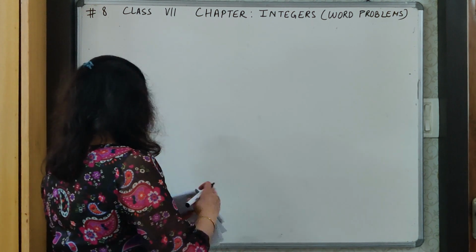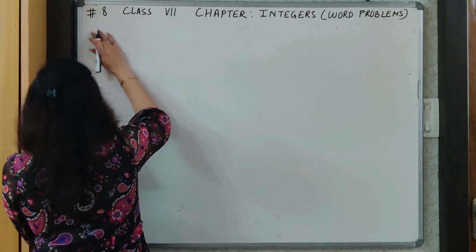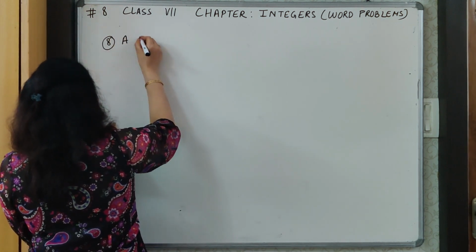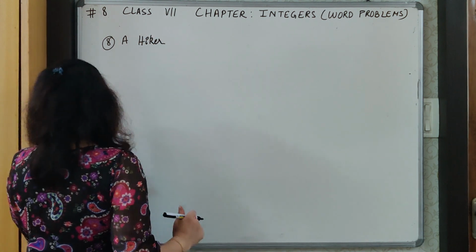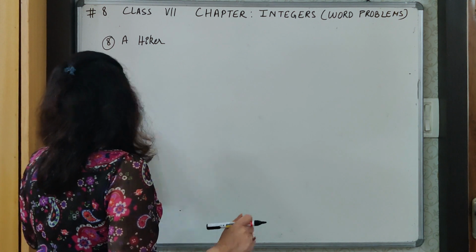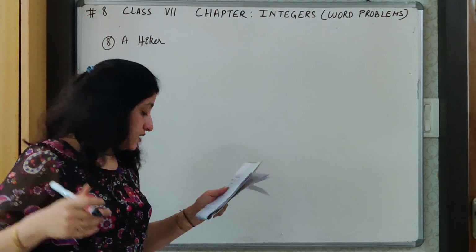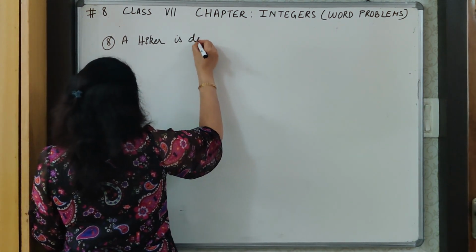So the next question is: a hiker. Who is a hiker? A hiker is somebody who goes to heights. So a hiker is descending.